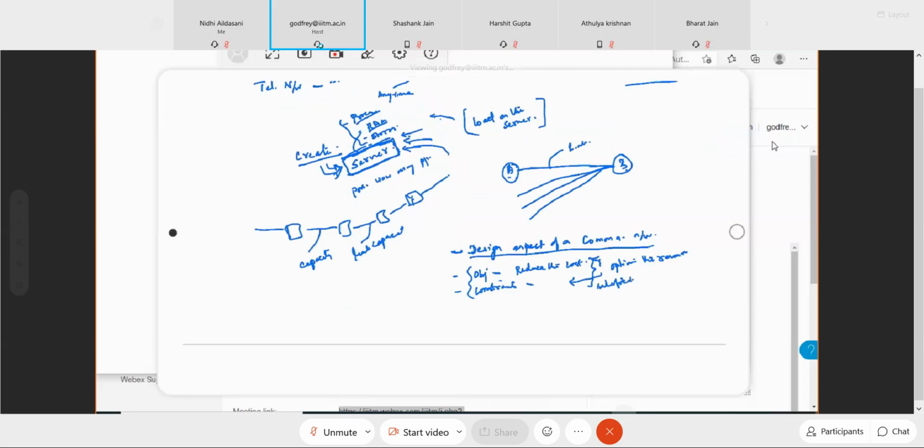So you will be able to model the problem of design as an optimization problem. Hence you have the subject, network design and optimization. Any problems so far?